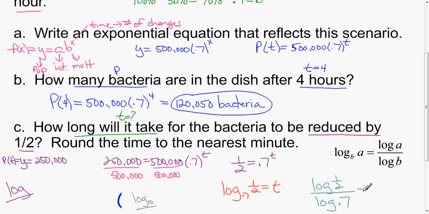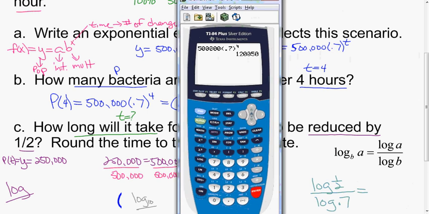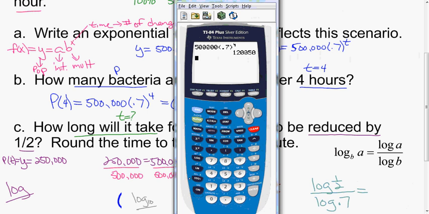Now from there, I just simply go to my calculator, which I'll move out of the way so you can see it. I'm going to hit my log button, again it's base 10 because that's all my calculator knows, of 1/2, divided by log base 10 of 0.7. This gives me a t that is equal to 1.94 approximately.